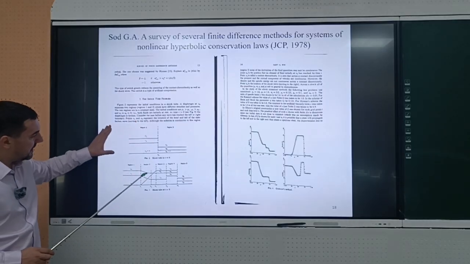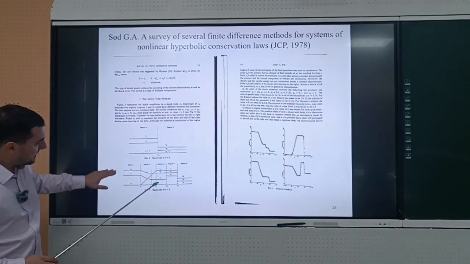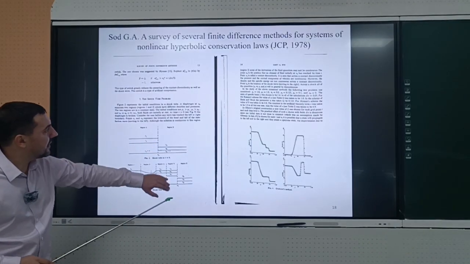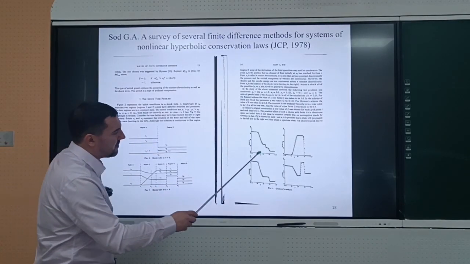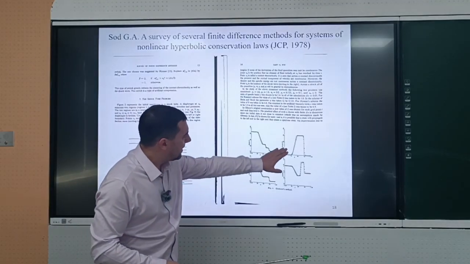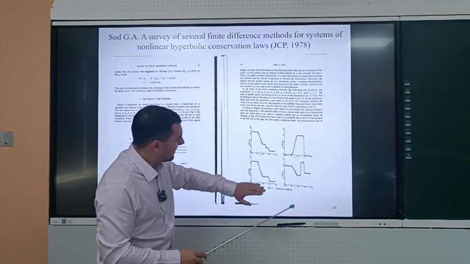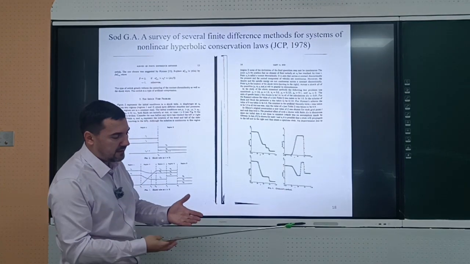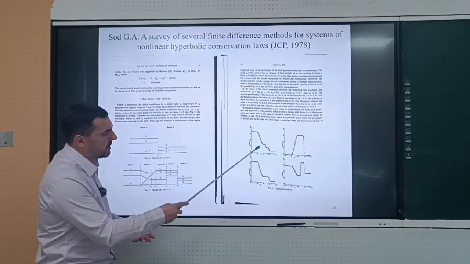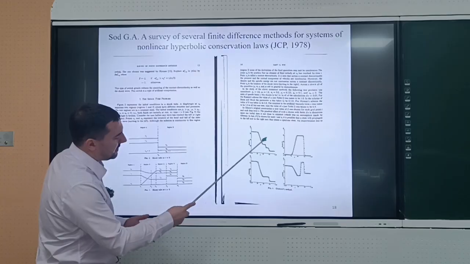So these are the parameters to the left, the parameters to the right, and this is the exact solution. We're going to obtain this solution. He considered different numerical methods, for example the Godunov method, and compared how the different numerical methods can resolve the shock wave, contact surface, and refraction wave.